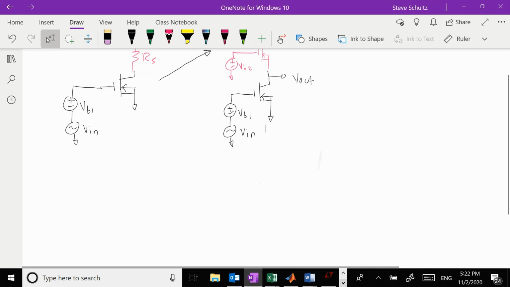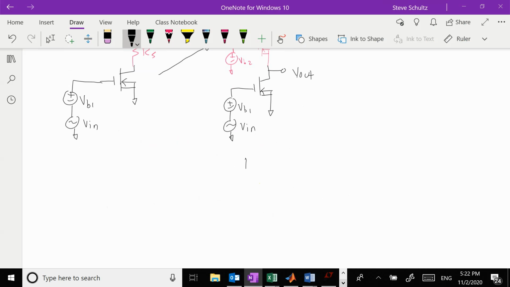So now we're going to come in here, and you see that I'm going to have 1 over gm2. And then this is my VB1 and my input source right there. So we basically took that top transistor and replaced it with a resistor.